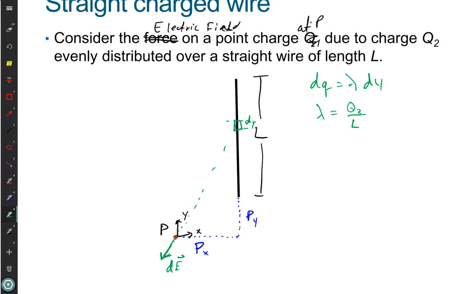And so if I'm using Coulomb's law, I am going to now find the magnitude of the force, break it into components, and integrate. So let's start with finding the magnitude of the electric field. So dE magnitude. So I drop the vector sign. What's the equation for dE?